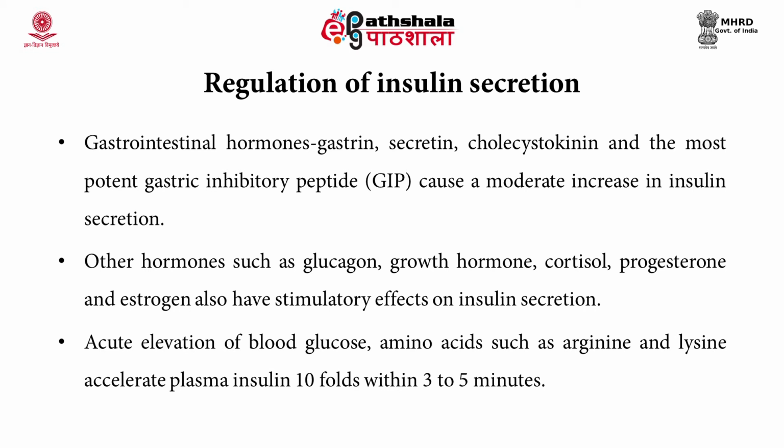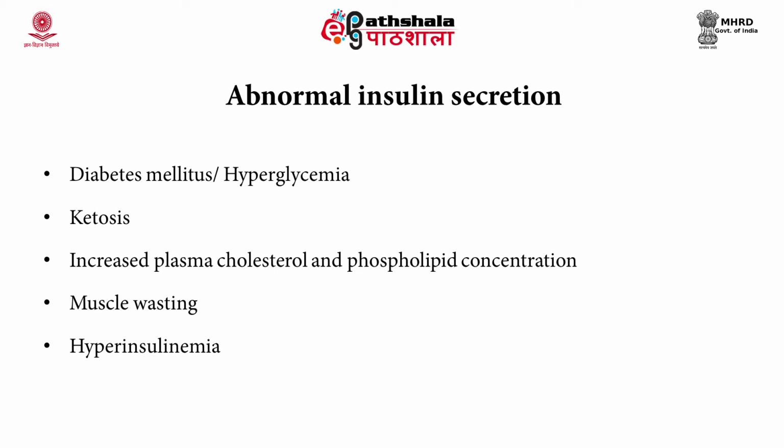However, acute elevation of blood glucose and amino acids such as arginine and lysine accelerate plasma insulin 10-fold within 3 to 5 minutes. Excess insulin secretion causes hypoglycemia, ketosis, increased plasma cholesterol and phospholipid concentration, muscle wasting, hyperinsulinemia.